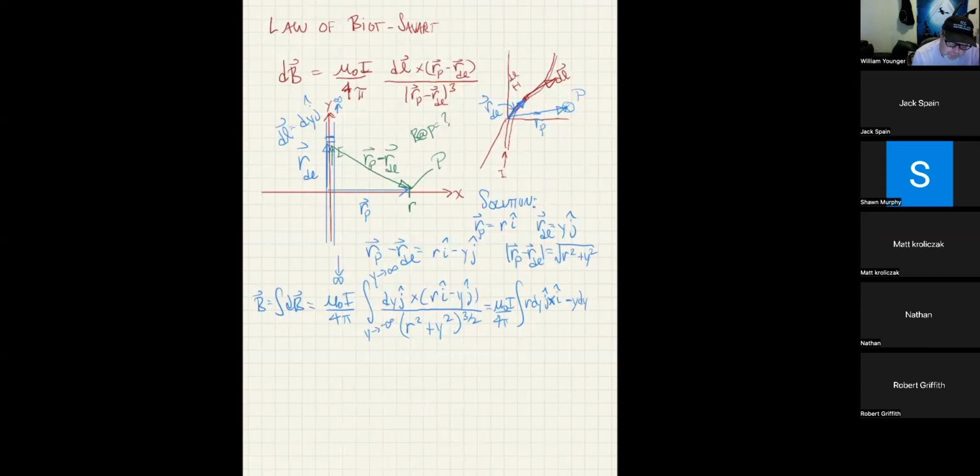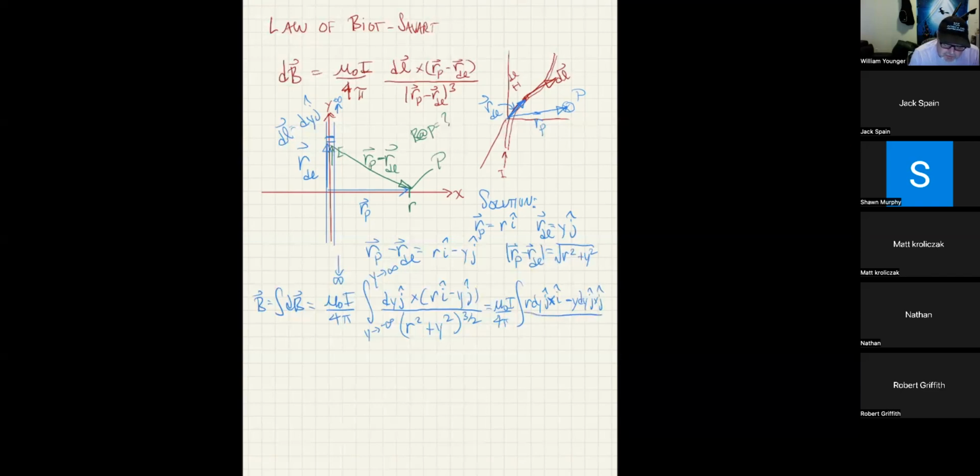Oh, that first one's supposed to be j hat cross I hat. I did get that one. The second one's supposed to be j hat cross j hat. So you can actually do your cross products that way. You can just pull the magnitudes of the vectors or the vector components out in front, and then just do the cross product with the actual unit vectors, and that's just fine.